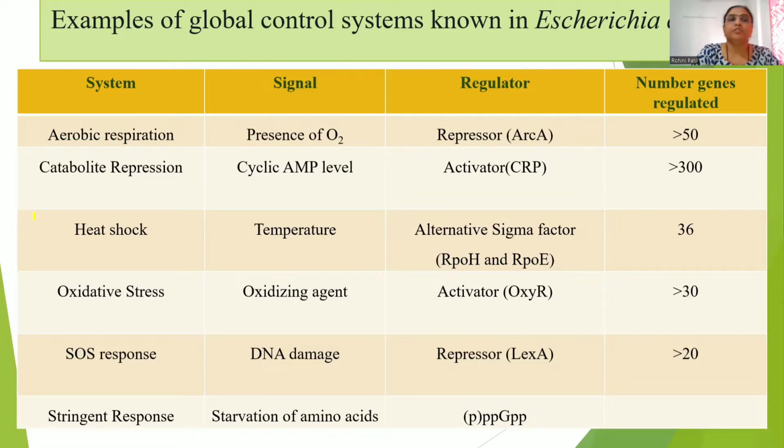Both systems are present in E. coli, and according to the environmental condition, it goes for one or the other. Here the signal molecule is the presence of O2, and the regulator which controls this is the repressor ArcA, which regulates about 50 genes.